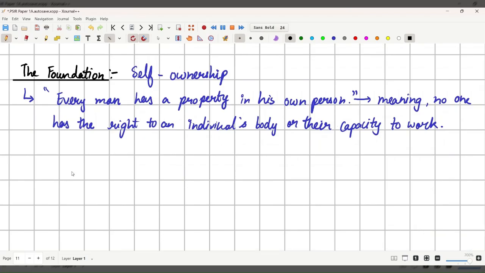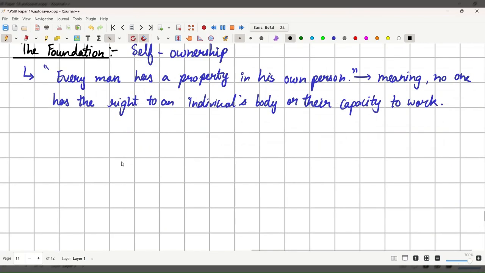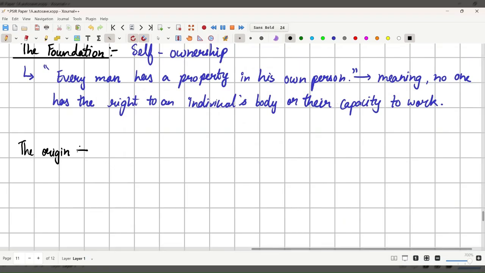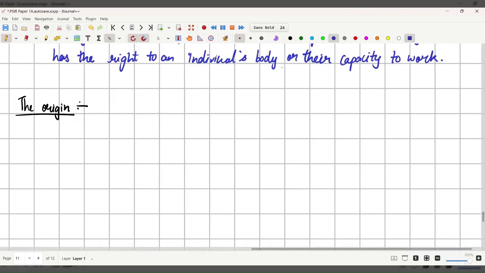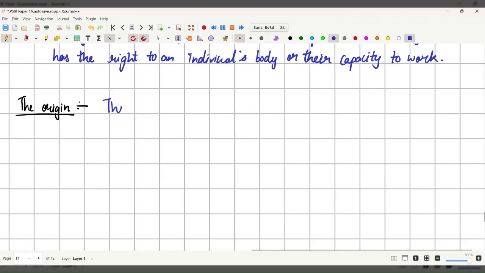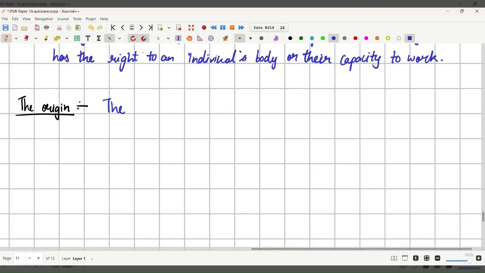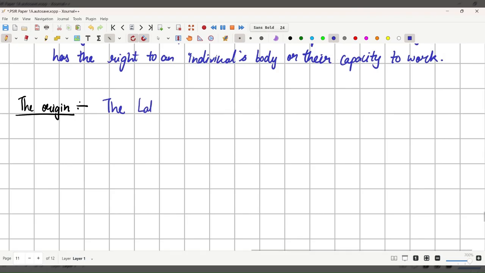Then let's talk about the origin. Where is the origin of his theory of property? It is in the labor theory of value.